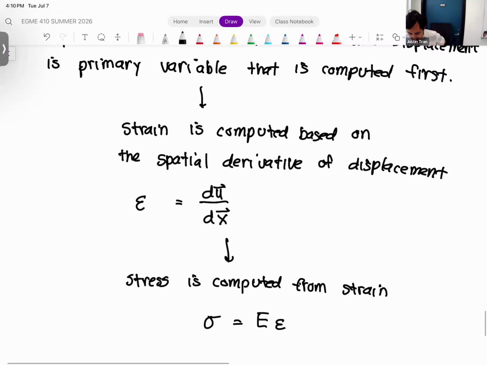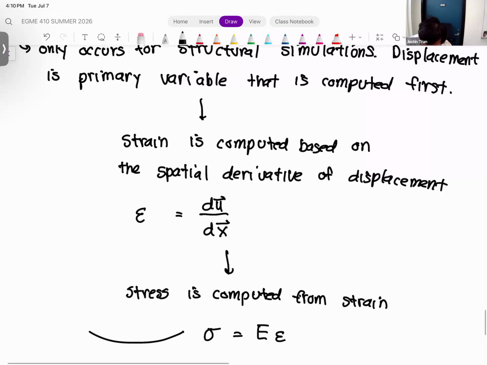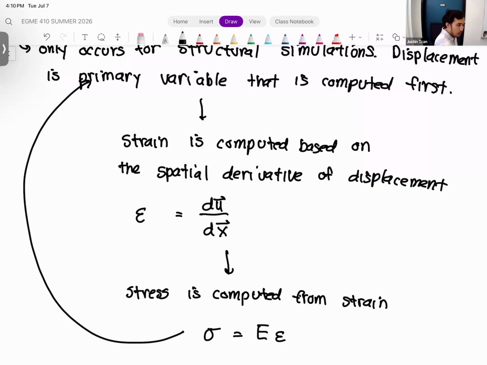Okay. Now, what's unique about the structural mechanics equations is that the stress is not something that just appears in the post-processing. The stress is actually part of what's used to compute the displacement. And so this is kind of a loop here. Stress actually comes back up here because stress is used to compute the displacement or deformation.